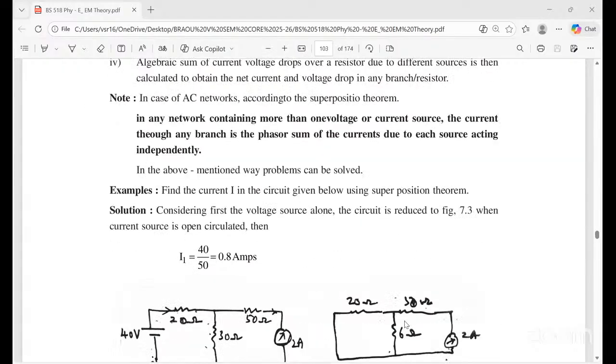In any network containing more than one voltage or current source, the current through any branch is the sum of the currents due to each source acting independently.